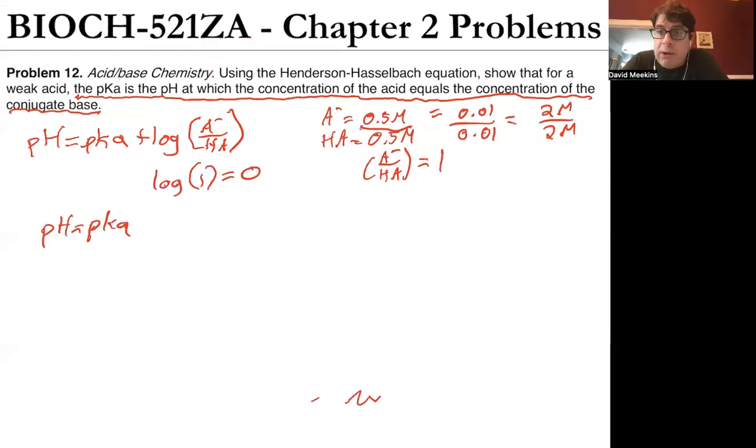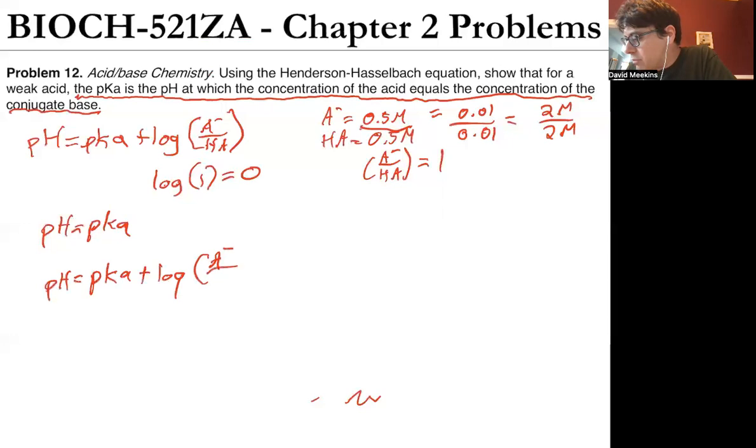Okay? So play around with that. It's pretty simple, but if you can understand that, it's really, really helpful. The other thing you can do is just make up a value for the pH and the pKa. Again, pH equals pKa plus the log of conjugate base over the acid. So let's make the pH 6 equals the pKa of 6 plus the log base 10 of A minus over HA.